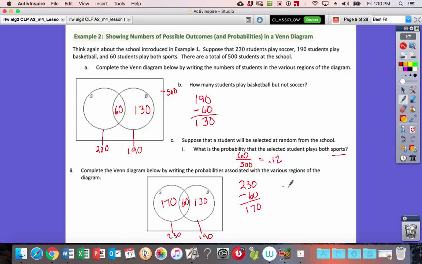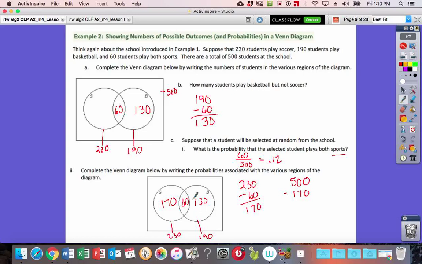Okay, it says that there are a total of 500 students at the school. Well, if there's 500 students, I would have to subtract off, let's see, I'd have to subtract off the, I could do it as 170. That would be everybody over here.